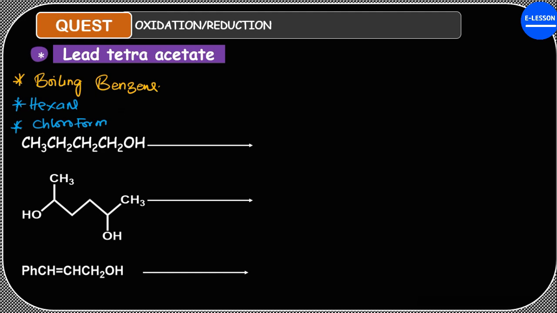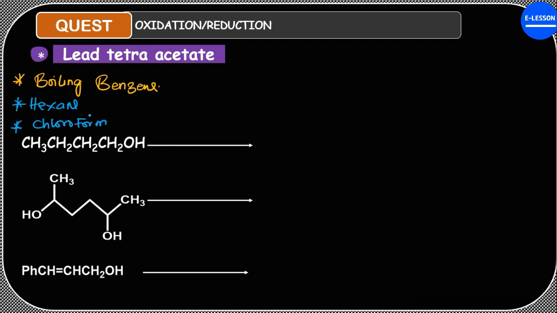When you use it, it is a good reagent in converting primary and secondary alcohols to carbonyl compounds to give very good yield. It can give up to 80%, 85%, 90% yield. Are you getting it now? It could also be in pyridine.